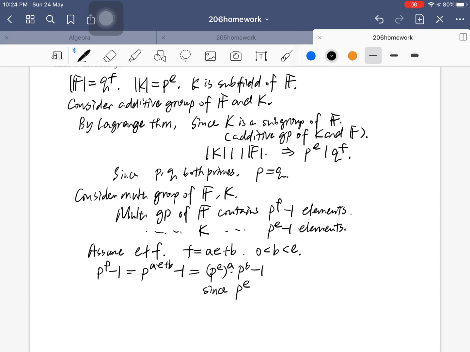And because P to the power e is congruent to 1 mod P to the power e minus 1, our above element, (P to the power e) to the power a times P to the power b minus 1, is equal to P to the power b minus 1 mod P to the power e minus 1.